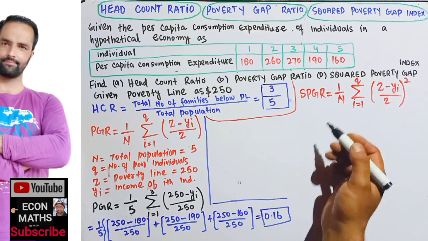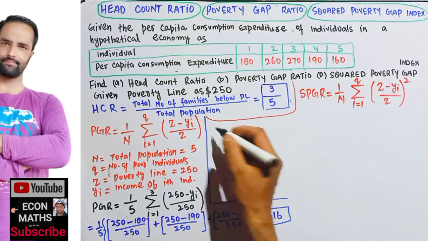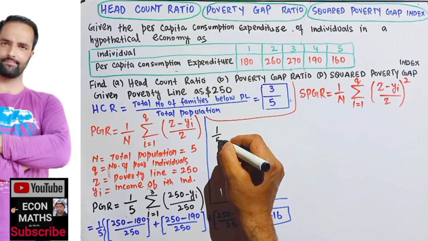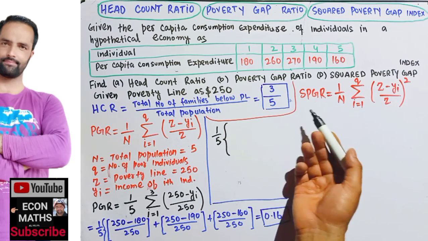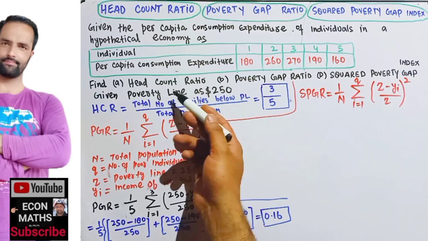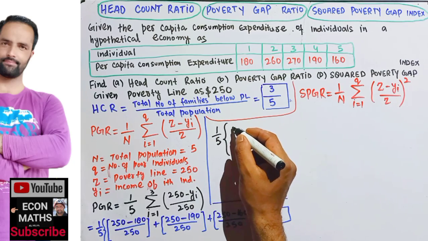So in this case SPGR will come out to be 1 upon n, which means 1 upon 5. Then this time we have z, which is 250. So let's write it here.